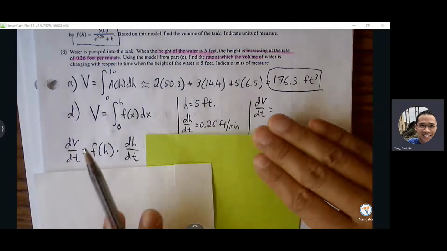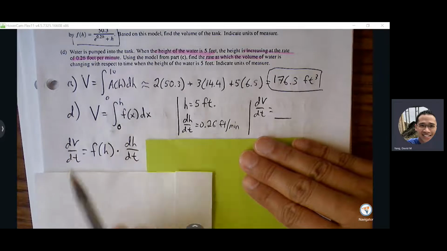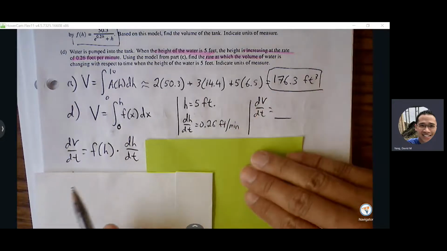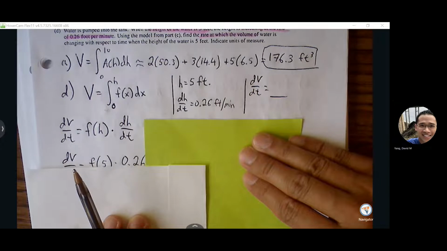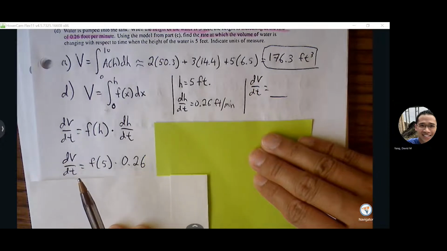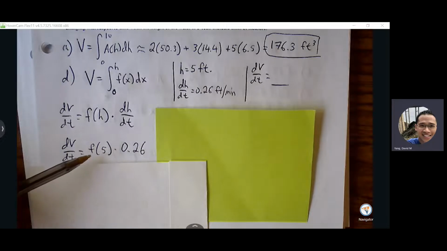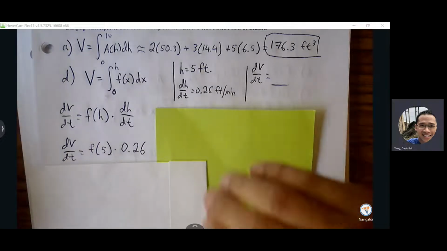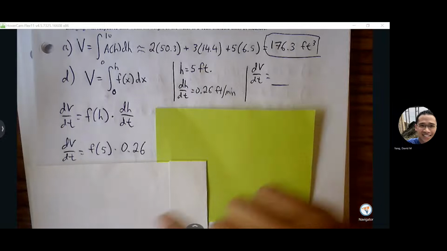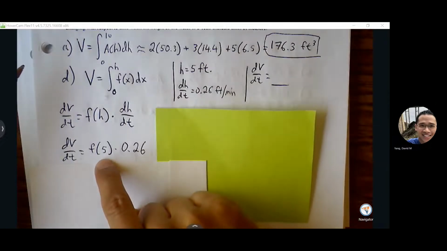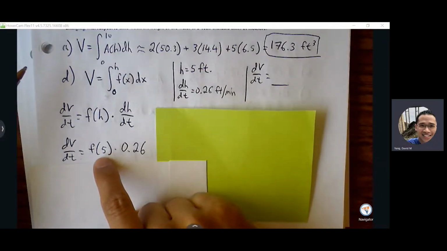Now it becomes a lot more manageable. We can replace h with 5, replace dh/dt with 0.26. But we're still trying to get it down to a numeric value. How can I find f of 5? Do I have something available to help me find f of 5?